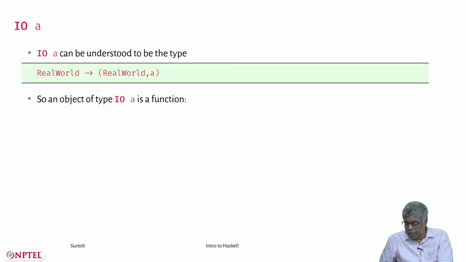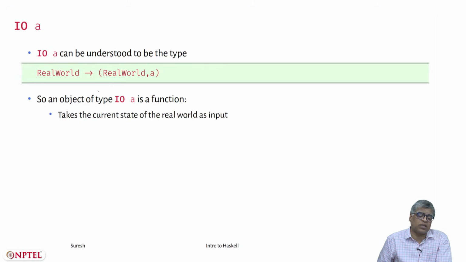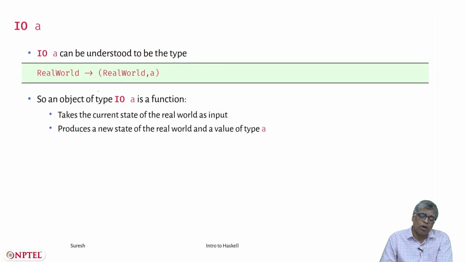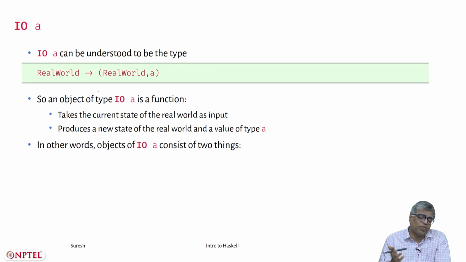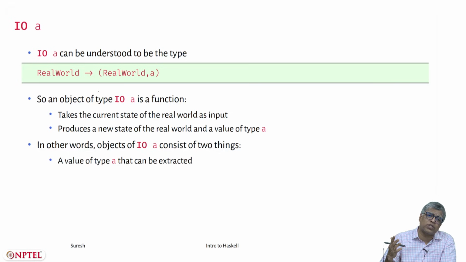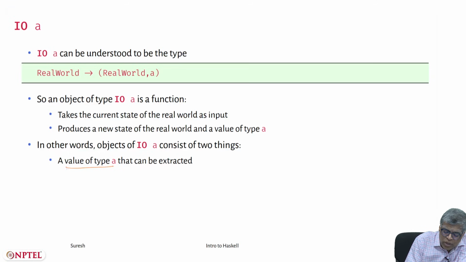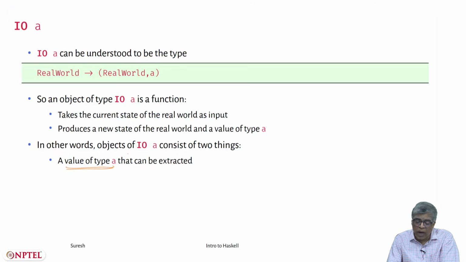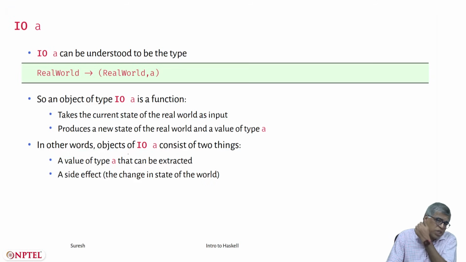So an object of type IO A is a function that takes the current state of the real world as input, produces a new state of the real world and a value of type A as output. Okay. In other words, IO objects of type IO A consist of two things: a value of type A that can be extracted, okay, this is important, and some side effect, some change that has been caused to the real world.